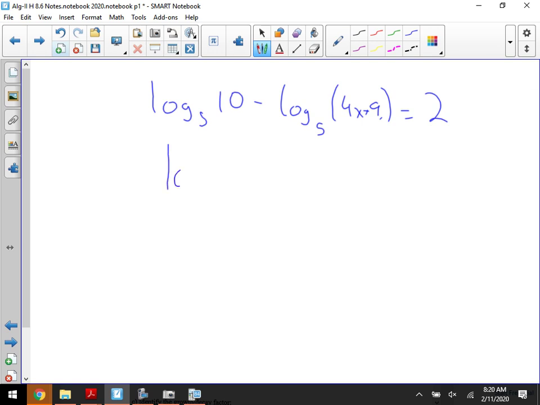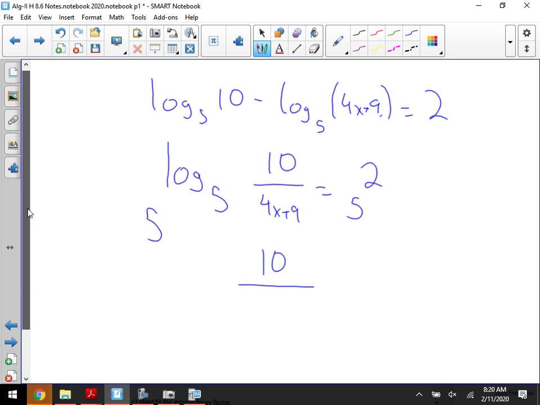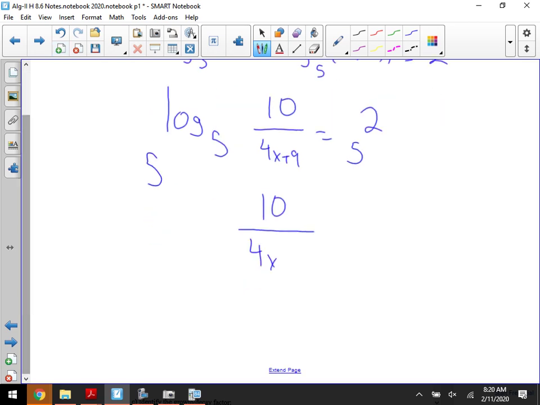You wind up with log base 5 of 10 over 4x plus 9 is 2. So in this case, you have to exponentiate both sides. So you have 10 over the 4x plus 9 is 25.